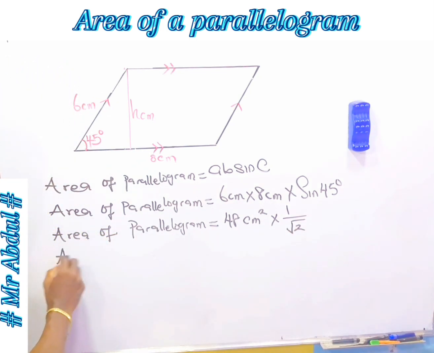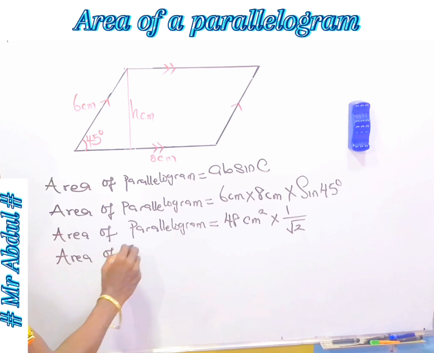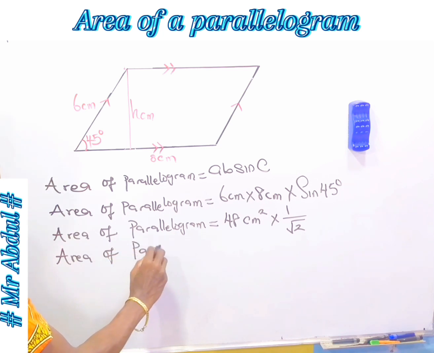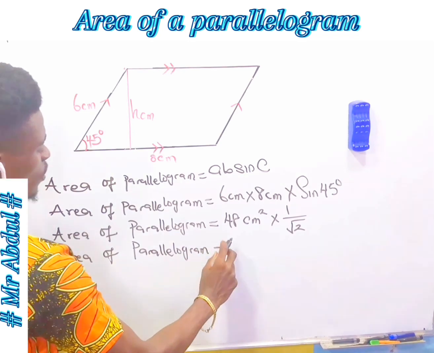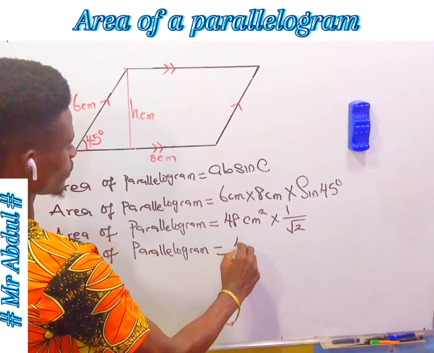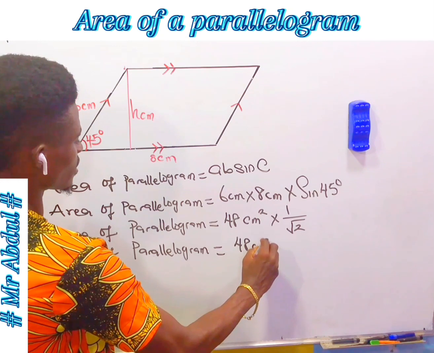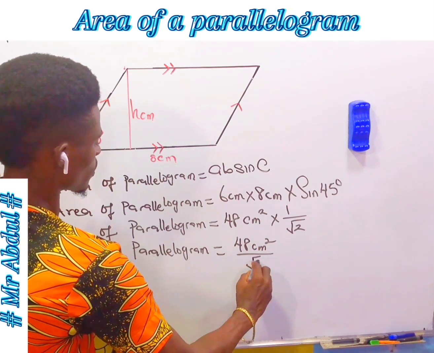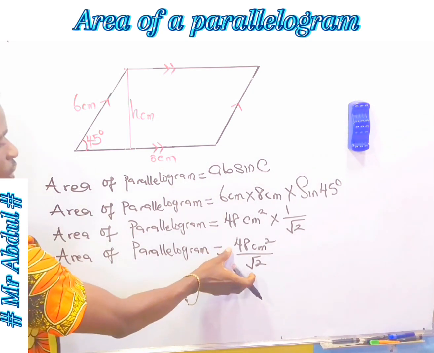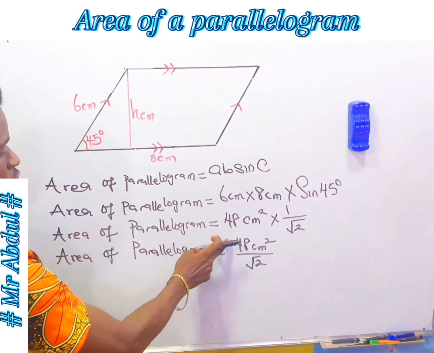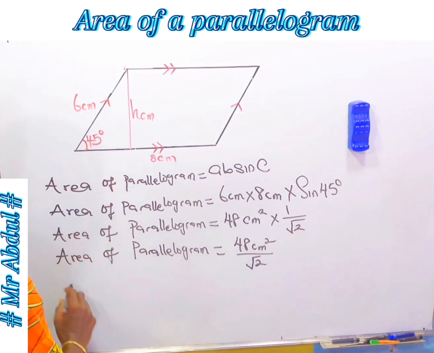So the area of the parallelogram is equal to 48 times 1, which is 48 centimeter square over root 2. This is also a surd. So we rationalize this surd by multiplying the numerator and also the denominator by root 2.